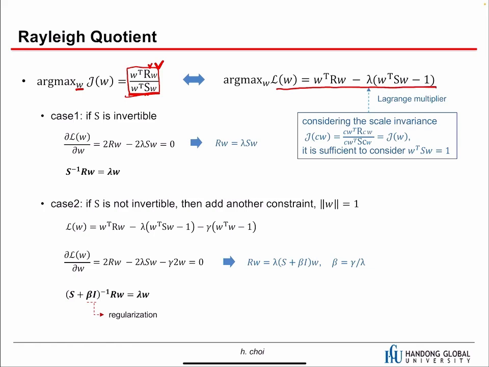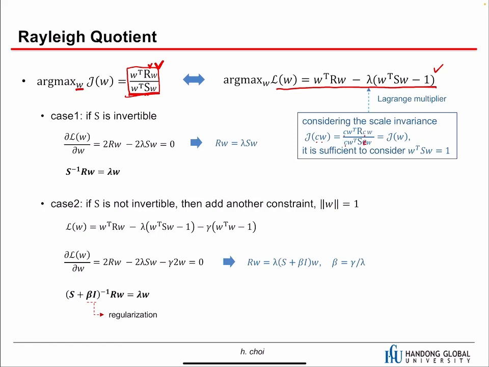We can derive this term again in general. Considering the scale invariance like this, J(CW), where C is a constant: we multiply a constant to the W vector, then we have a C here and a C here.